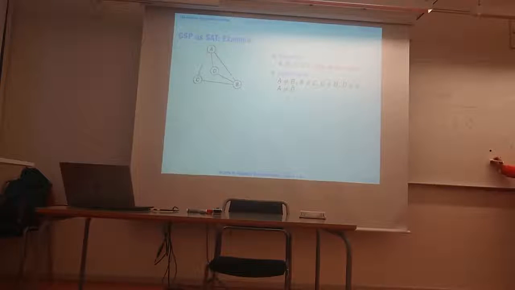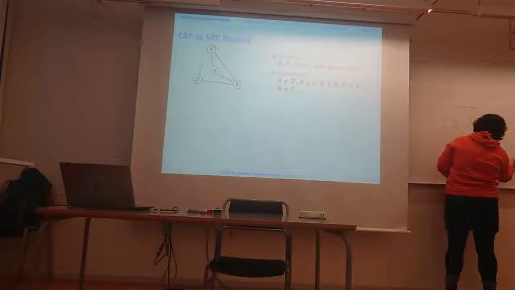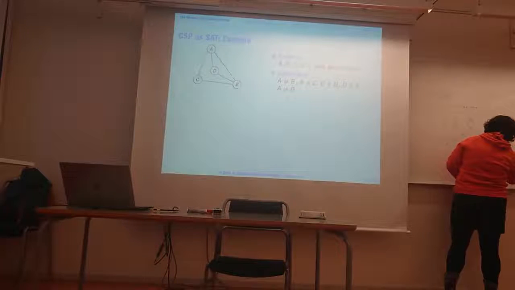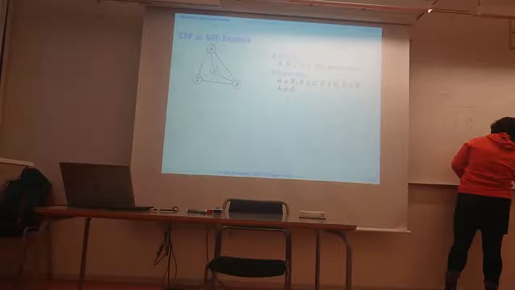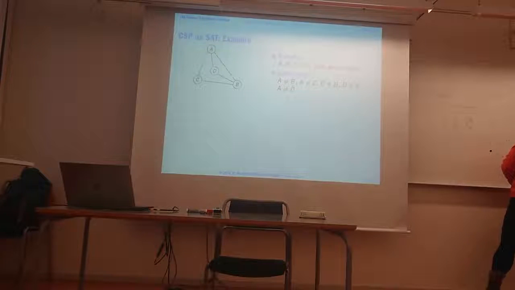We use De Morgan's law, which keeps this the same, and this becomes negation of X_AR or negation of X_AB, and negation of X_AB or negation of X_AG, and we just bring the negation into each literal in the clause.